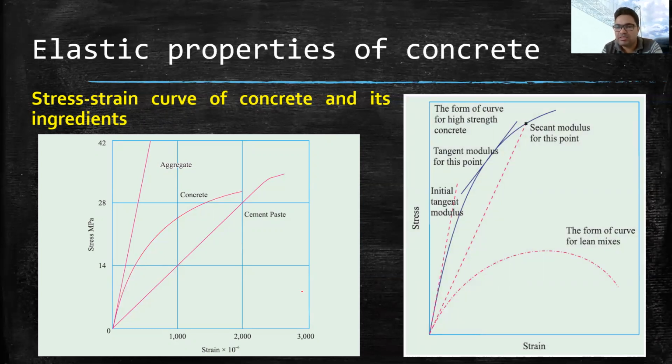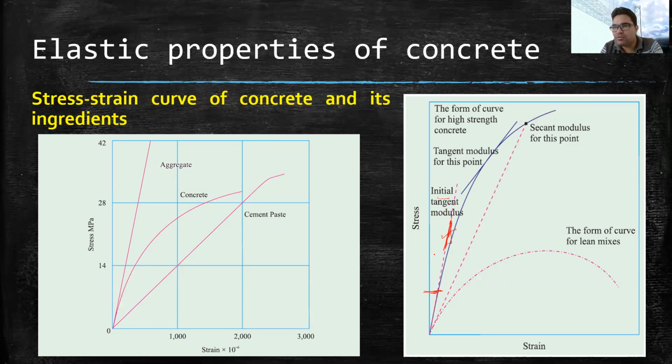In this diagram, you can see clearly the first tangent is called the initial tangent modulus, and it is along the curve which is linear initially. Say for 10 to 15% of the ultimate stress, up to this, it may be linear. So along this, if we draw a tangent, we can easily calculate the slope of this line. This slope of the line is the Young's modulus of elasticity for the initial part.